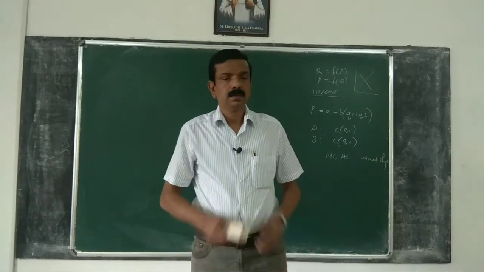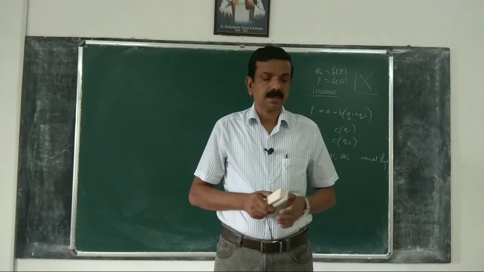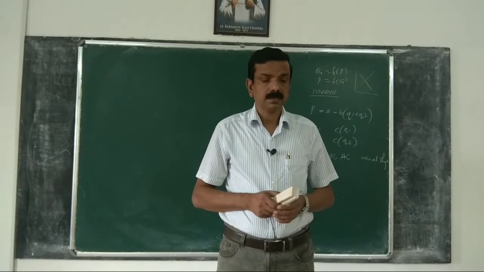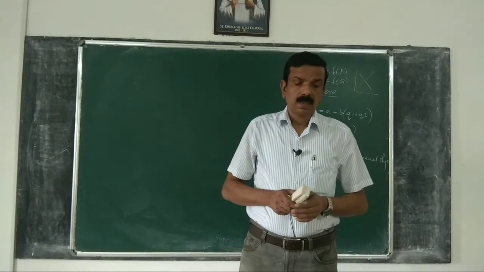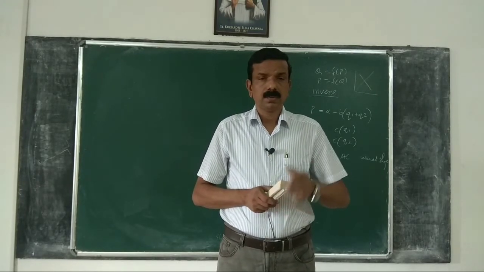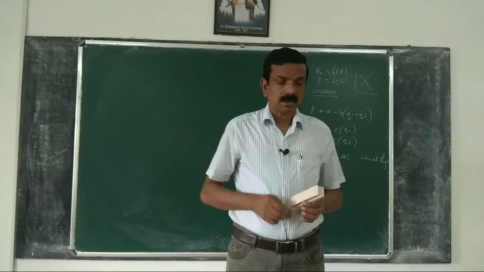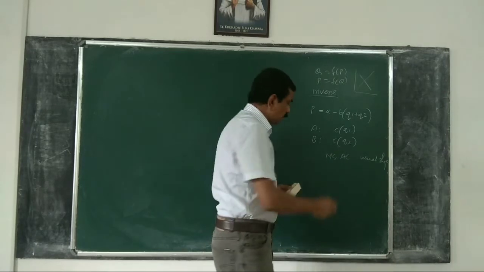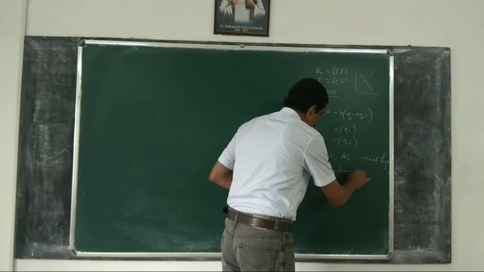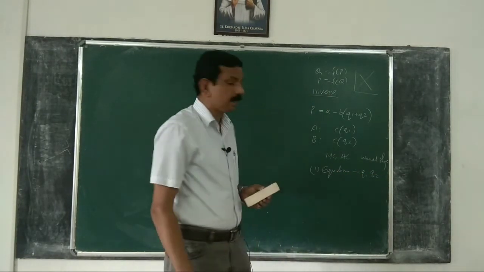Now, given two firms with linear demand functions and cost functions as given, we want to use the Cournot model to answer three questions. Question number 1, what will be the equilibrium level of output of the duopolies A and B?